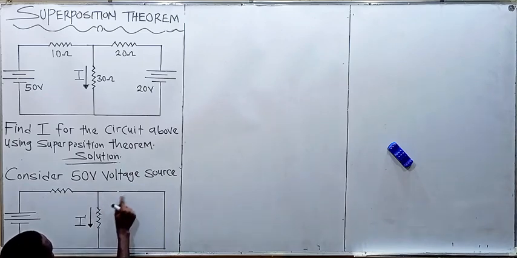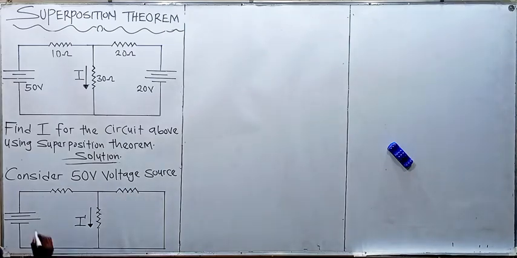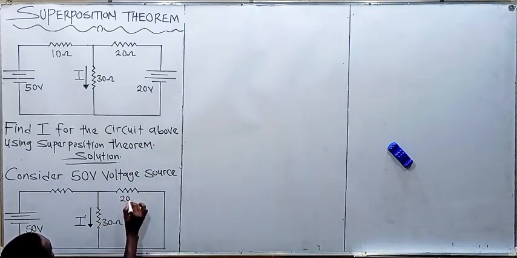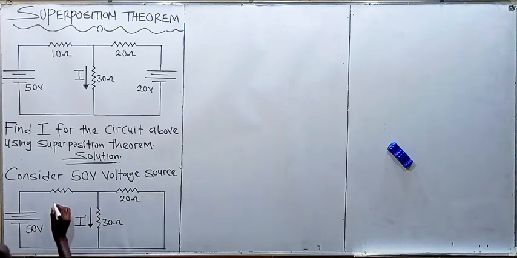This is our 20 ohms resistor. So we have 50 volts here, we have 30 ohms here, we have 20 ohms, and then we have 10 ohms.